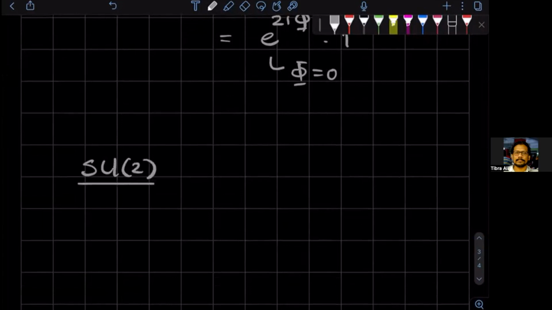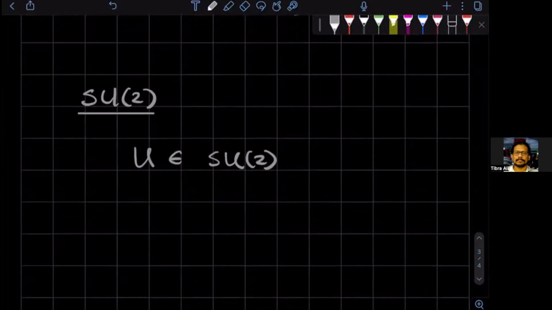Now in the previous lecture, we showed that if I write U, now I'm going to use U as an element of SU2, not V. U is my element of SU2. In a previous lecture, we showed that suppose I write U in terms of four complex numbers alpha, beta, gamma, delta.